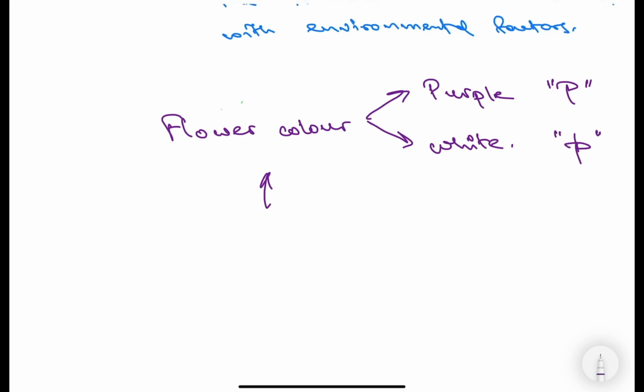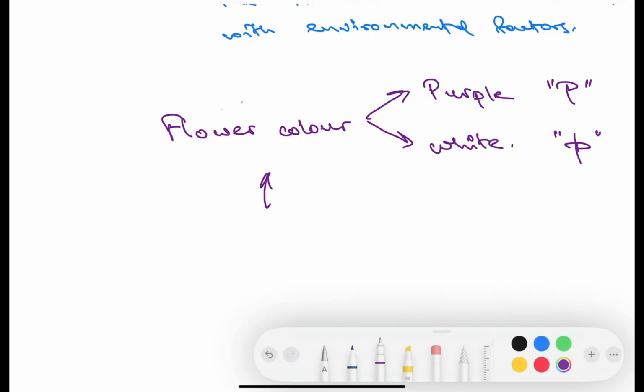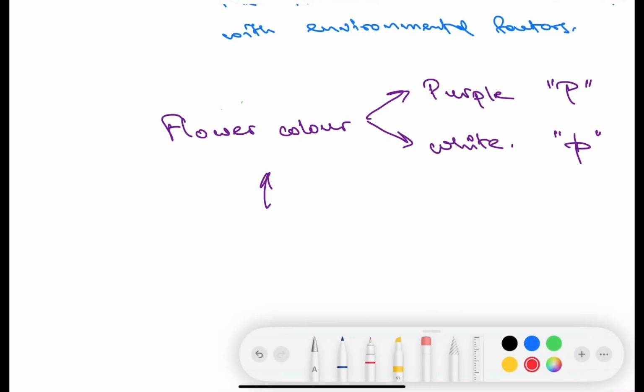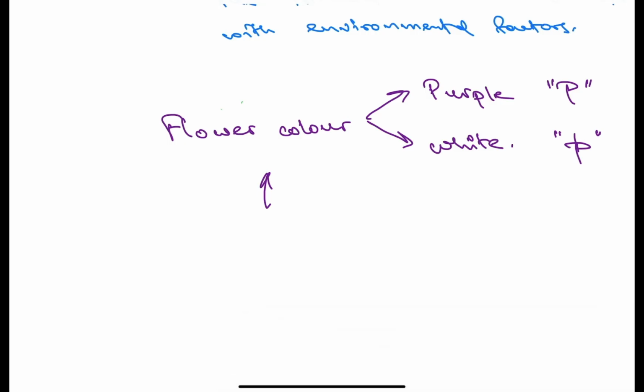Now Mendel made an interesting observation. He saw that purple was appearing maximally in the population, and there was a lesser occurrence of white flowers among the population.